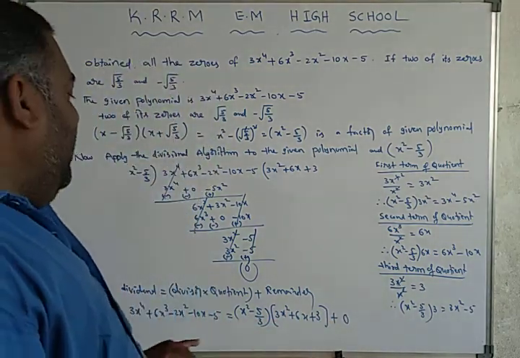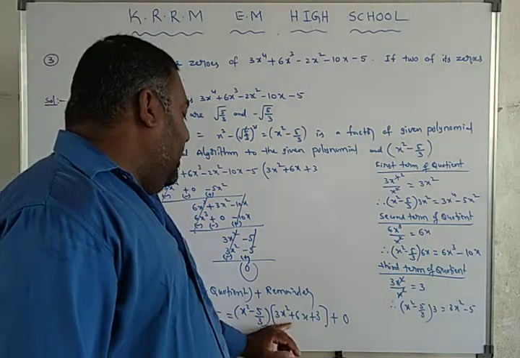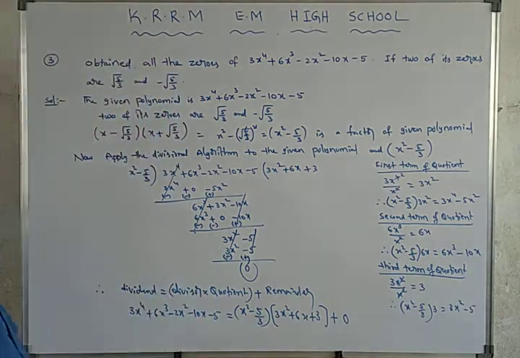So now we factorize the quotient 3x square plus 6x plus 3.